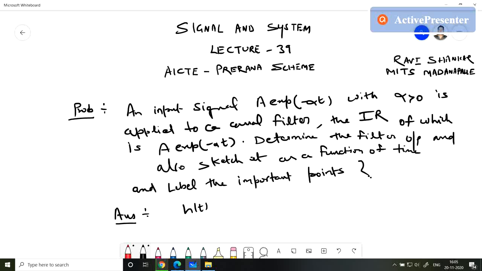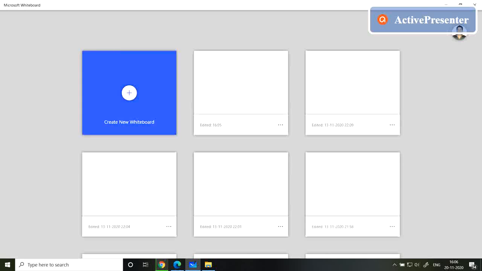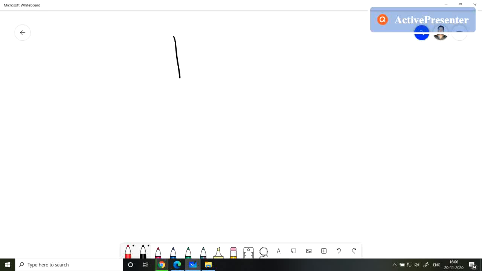So the impulse response h(t) is given as a e^(-alpha t). This is an LTI system.